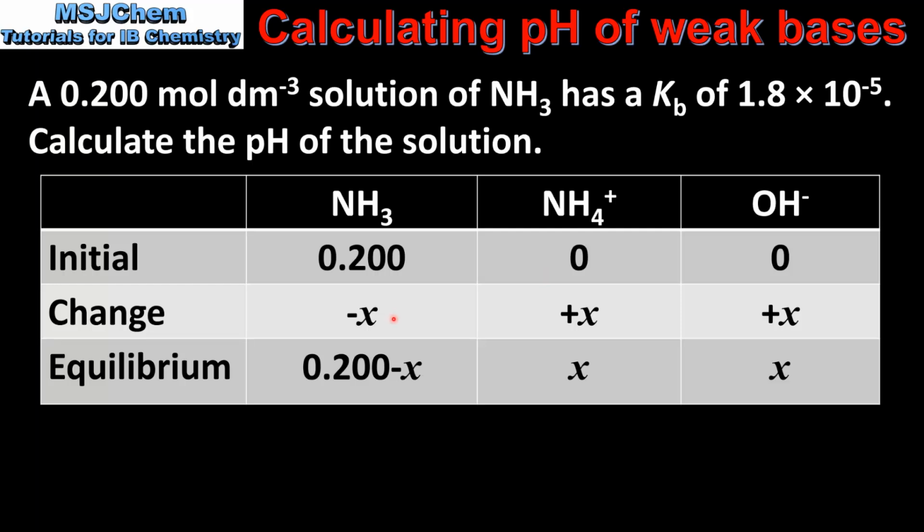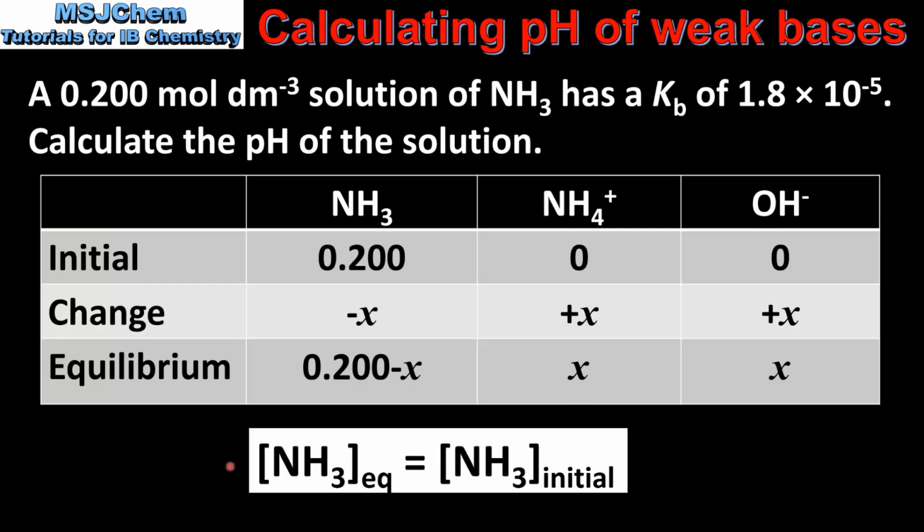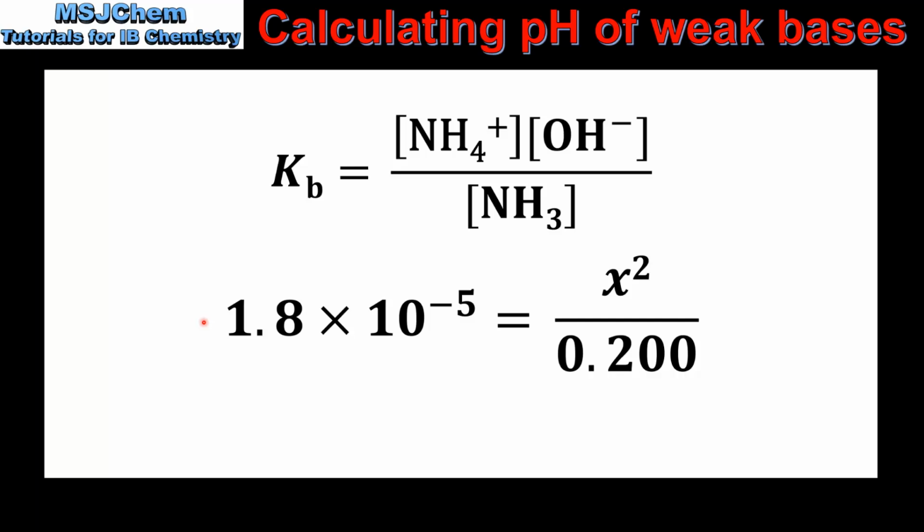The change in concentration of the ammonia is negative X, and for the ammonium ions and the hydroxide ions it's plus X. This gives us an equilibrium concentration of ammonia of 0.2 minus X. And for the ammonium ions and the hydroxide ions we have X. However, because ammonia is a weak base, we'll make the assumption that the equilibrium concentration is equal to the initial concentration. The next step is to input the values into the expression for the Kb.